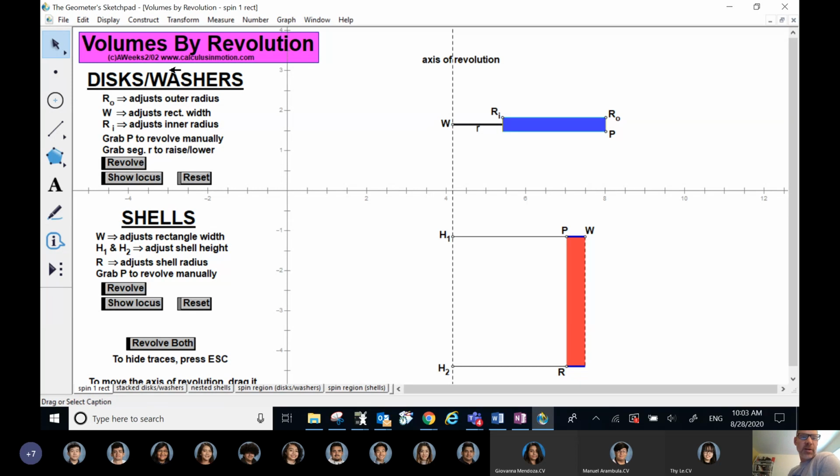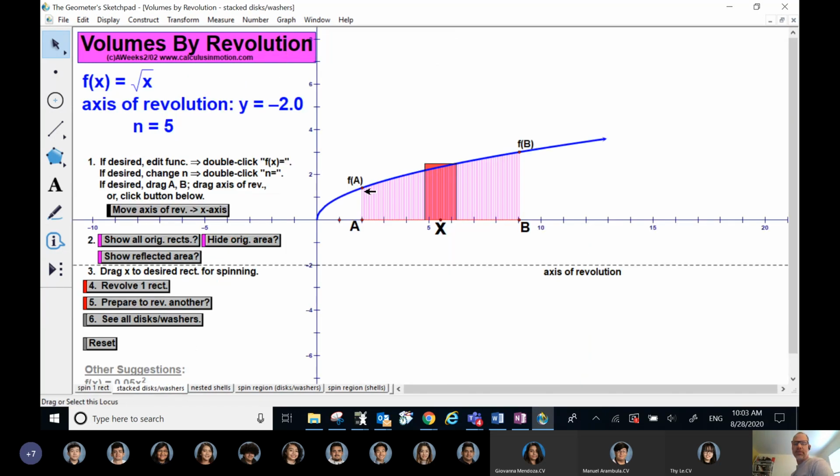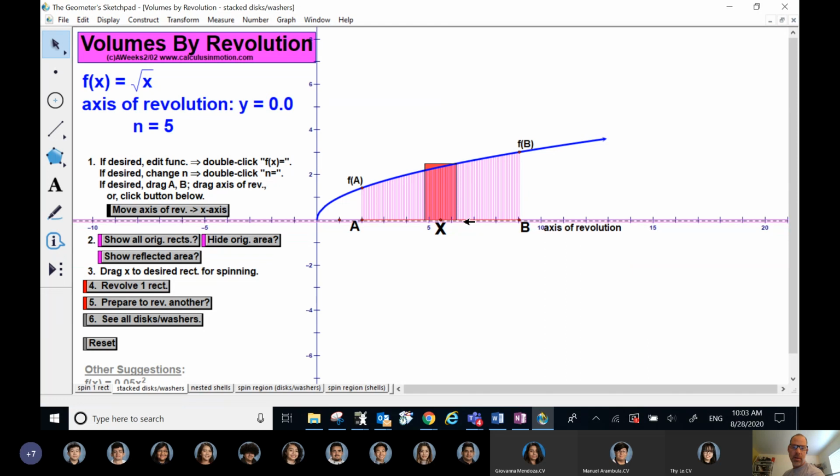And so we're going to first look at things as we revolve. Just as a reminder, this shaded area here is just the area under a curve.